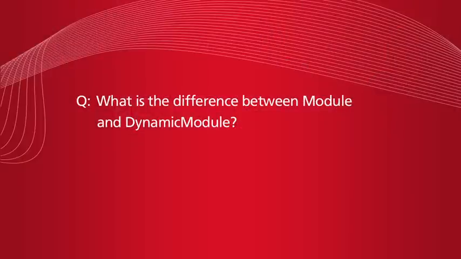What is the difference between Module and DynamicModule? By the suggestion from the name, Module and DynamicModule are somewhat similar. Basically, these are scoping constructs. In Mathematica, you can create a variable and then assign it a value, and this value can be repeated everywhere the variable shows.